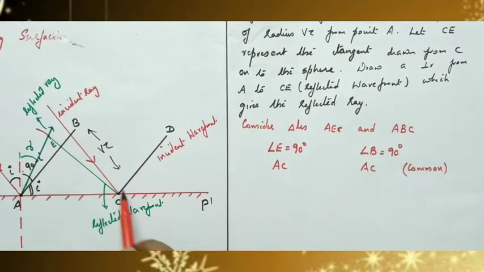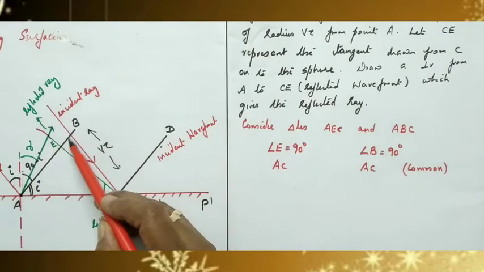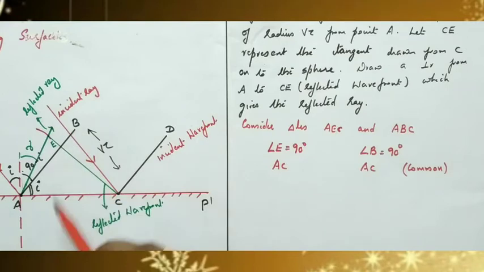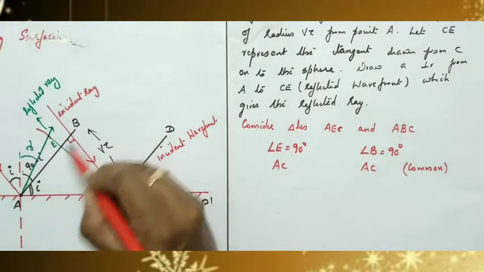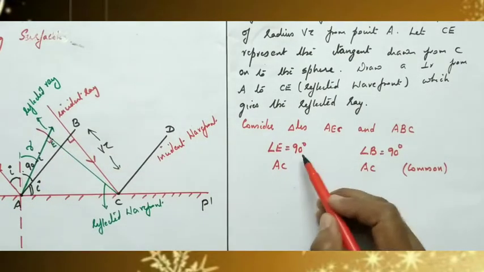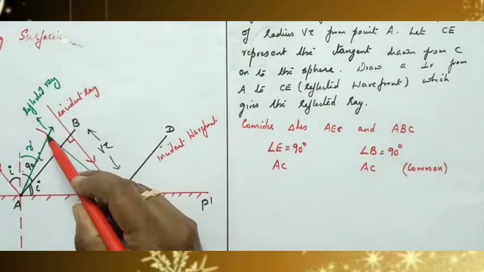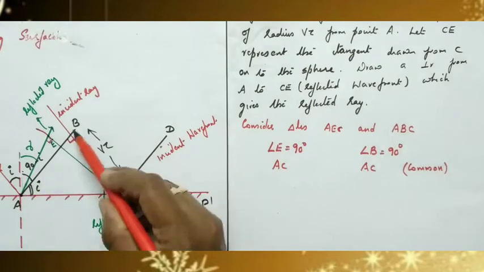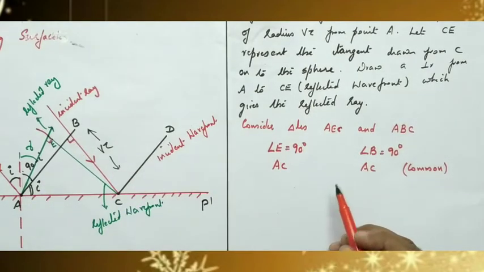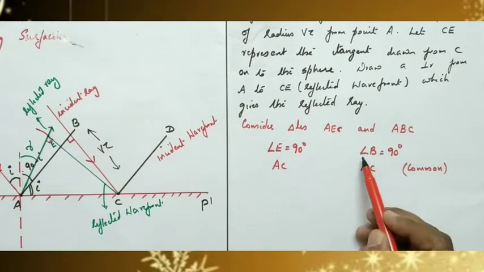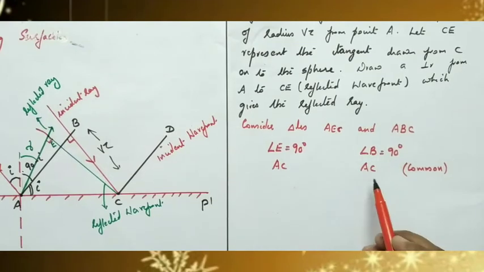This is the reflected wavefront and this is the ray, both are perpendicular. This is the incident wavefront and this is the ray, again both are perpendicular. So these two angles are 90 degrees. And for both triangles AEC and ABC, AC is common.